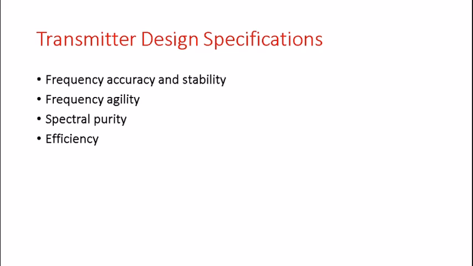So rather than spending money on a cooling system or a heat sink just to prevent your equipment from overheating and burning, we can just improve the efficiency, and by improving the efficiency, we can reduce the power dissipation from that power amplifier or the transmitter as a whole.